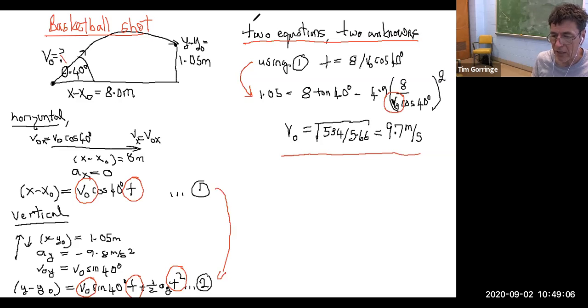But by breaking down the motion into horizontal and vertical parts, by analyzing the horizontal and vertical motion, we were able to figure the speed that the basketball must be thrown at, given that angle that the basketball was thrown at, to make the shot. And it's a powerful proof of our understanding, a depth of understanding of projectile motion.